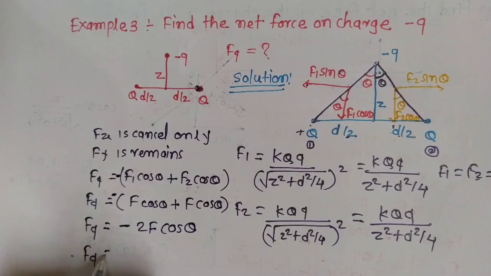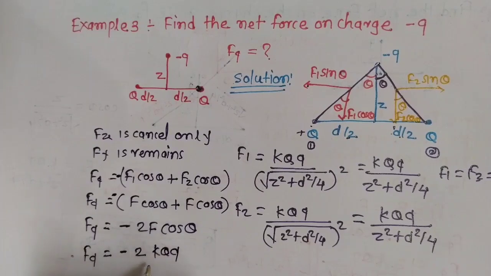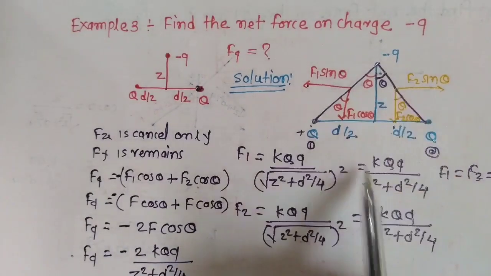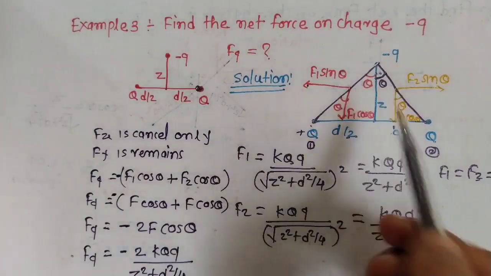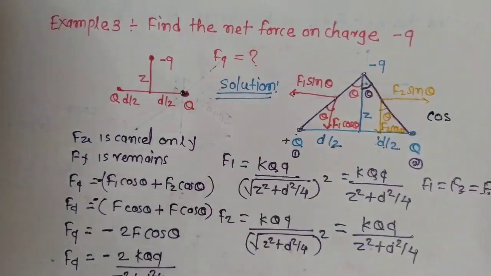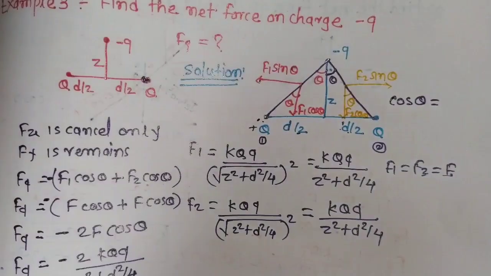Notice the value of F. Fq is equal to minus twice kQq upon z square plus d square by 4, and the value of cos theta is, cos theta equals adjacent upon hypotenuse.